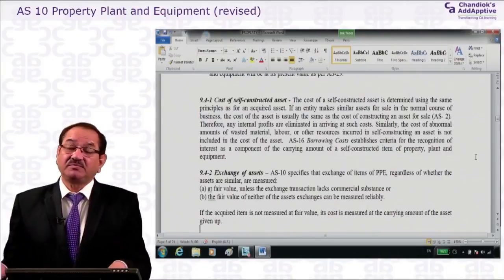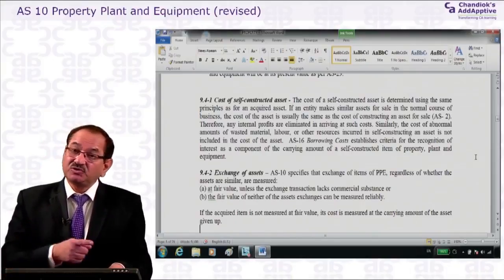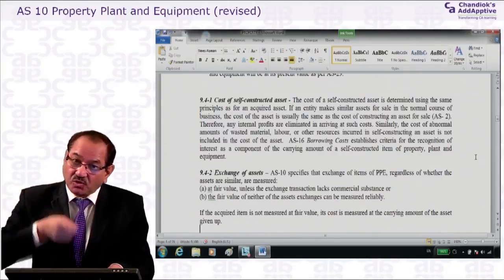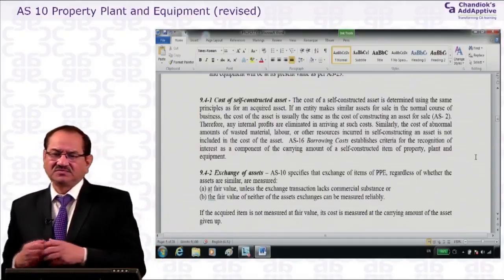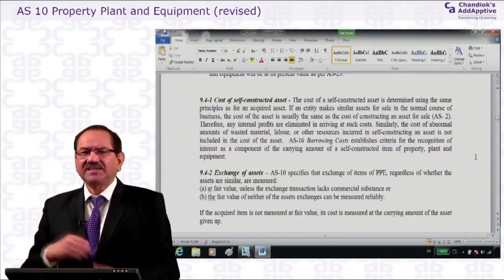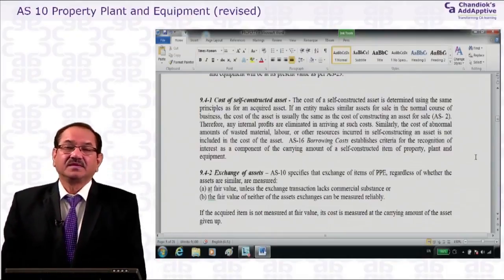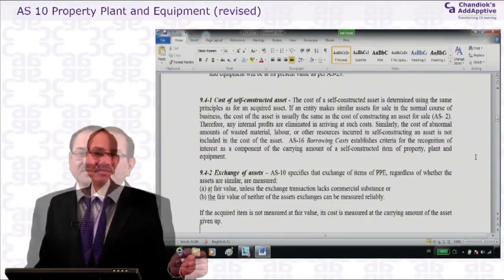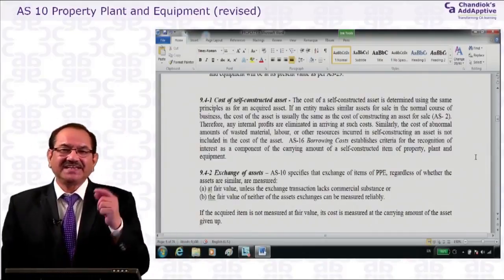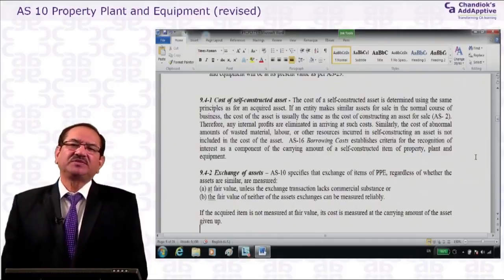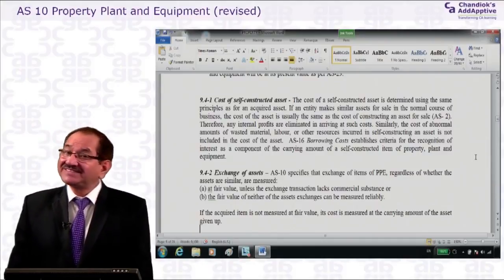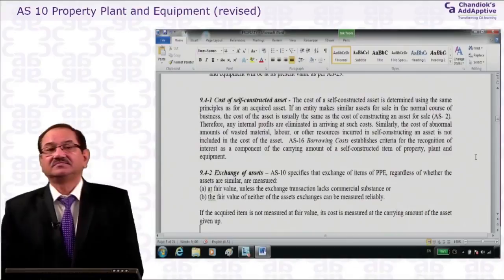You are not purchasing cement from the market. The cement which you are using for the construction of your own building is being used out of your godown, which you are generally selling. You are purchasing 50 kg cement bags at 600 rupees per bag, and you are selling it at 700.